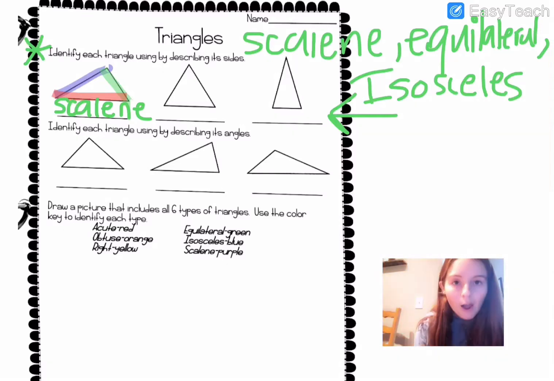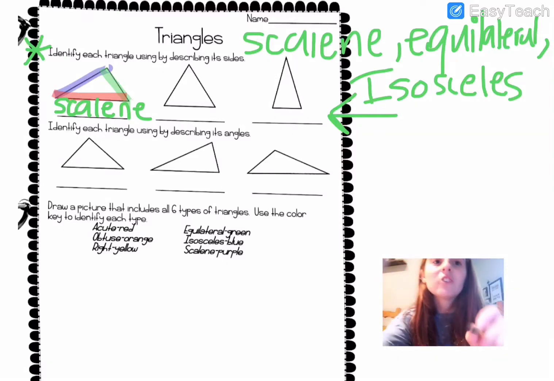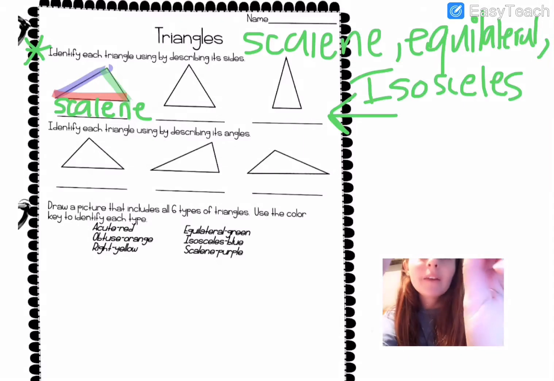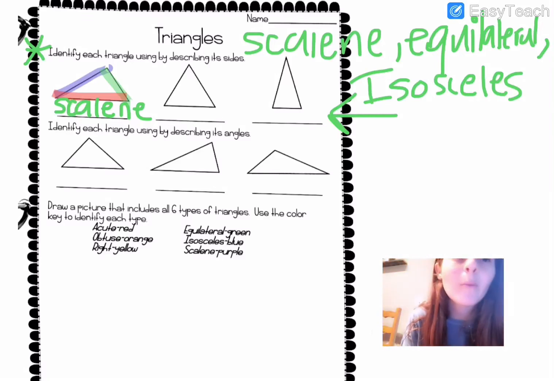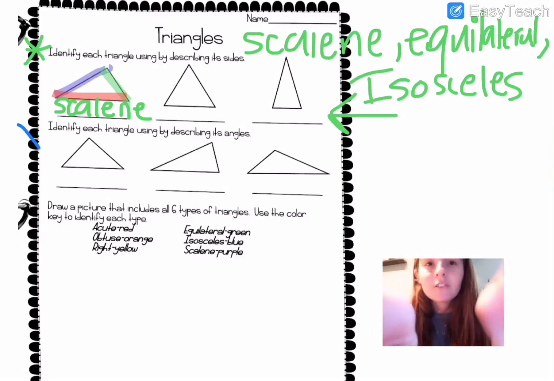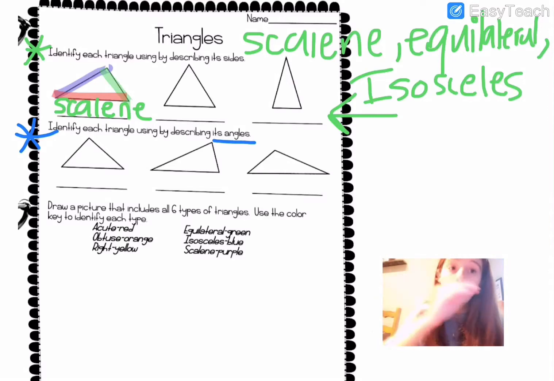Okay. The next step is we need to identify each triangle by describing its angles. And I'm noticing too the directions are kind of weirdly worded. But identify each triangle by describing its angles. So this time we have to use only our angles. We're not going to use scalene, equilateral, or isosceles anymore because those are to describe sides. We need to describe angles.